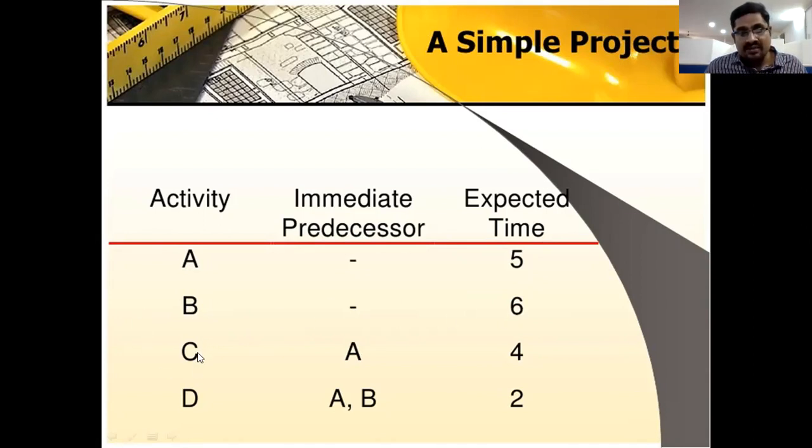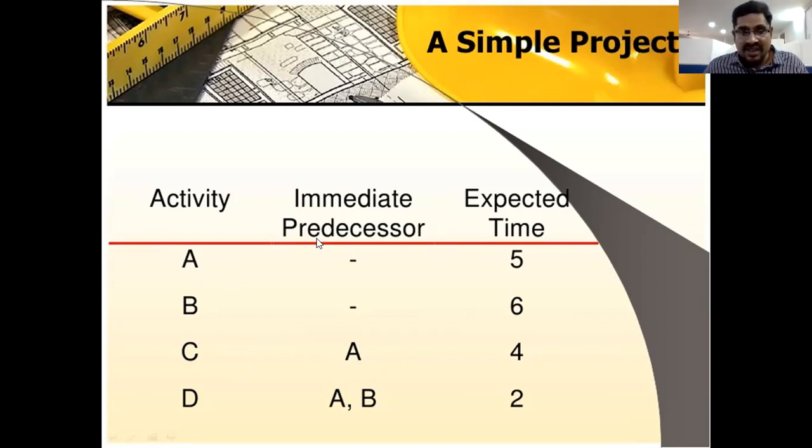For C activity completion, A is the preceding activity. That means A activity must be completed, then only C will appear. If A is not completed, then C will not complete, right? So preceding activity means if A activity is completed, then only C will complete.